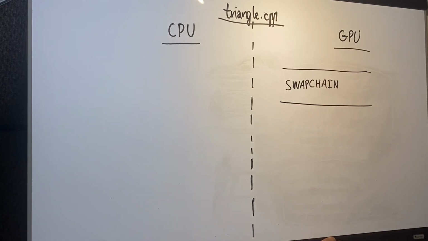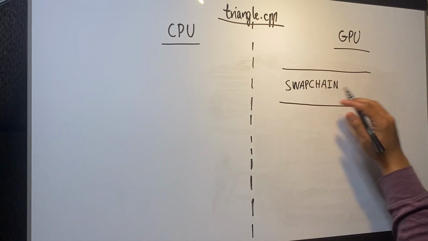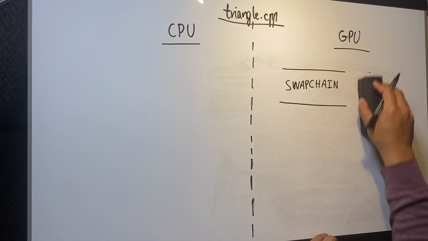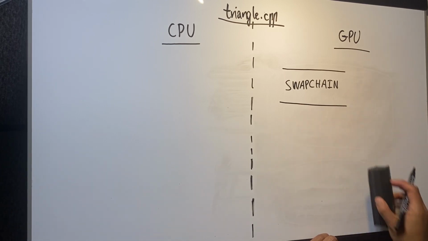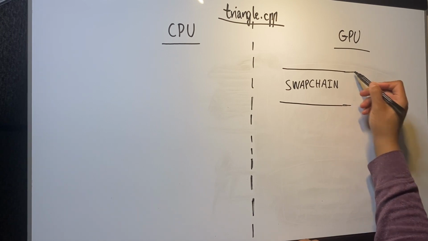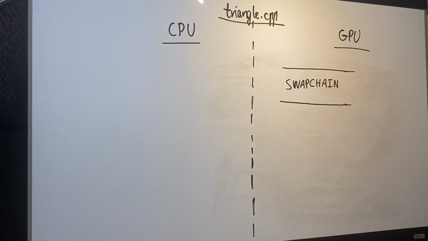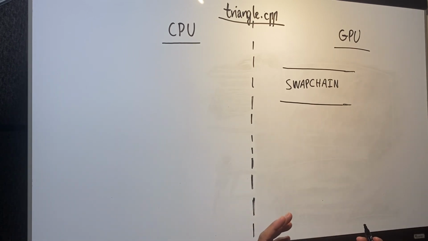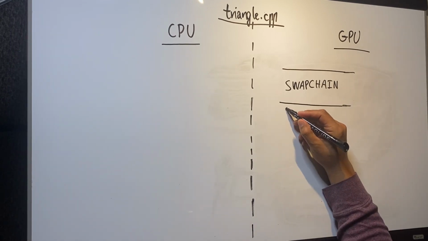All a swap chain is, I guess I'll just do it like this, is a series of frames or images. Think of it as a blank picture frame.